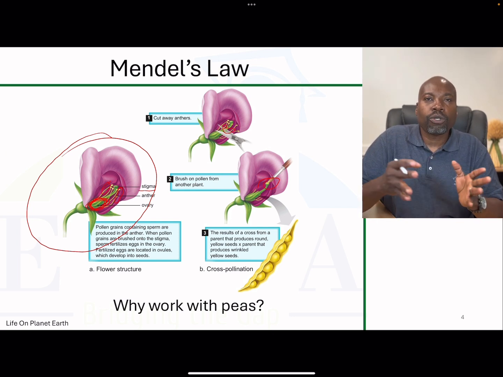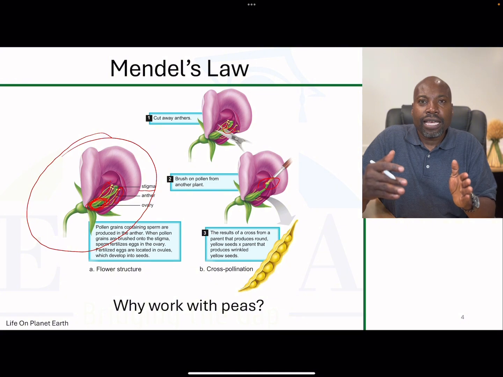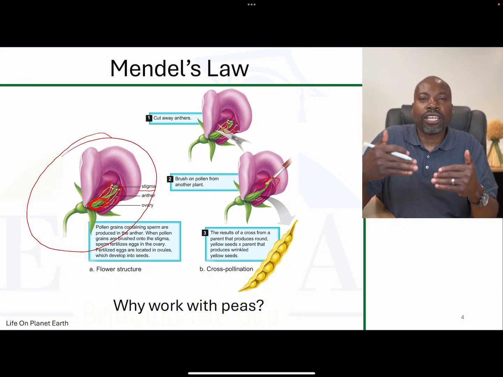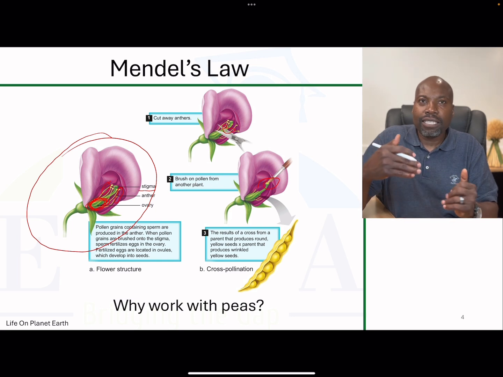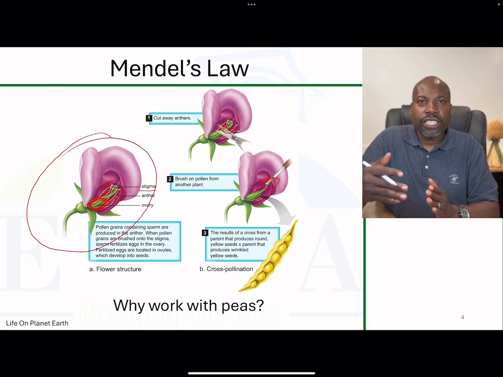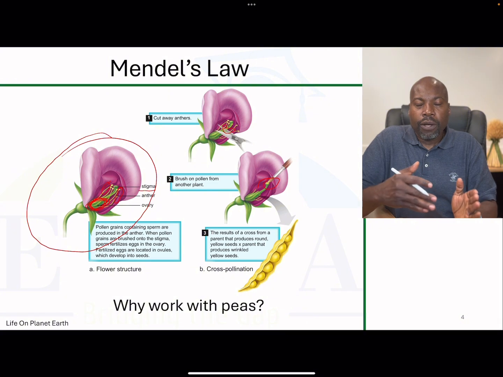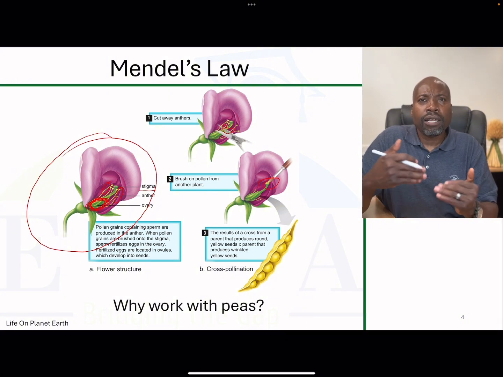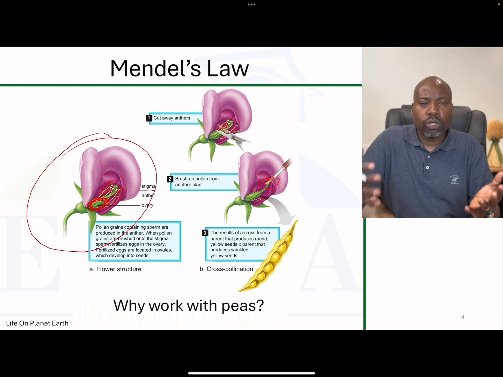So he was able to control the environment so that within one single year, he had multiple reproduction events and was able to run some math, because he didn't just do the pollination and collect all these features, he also did a lot of math so that he could come up with some prediction as to what he was doing.